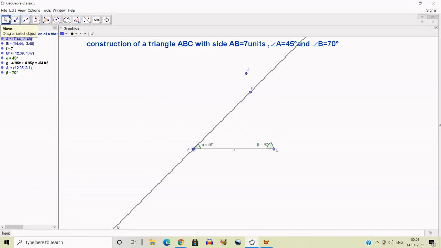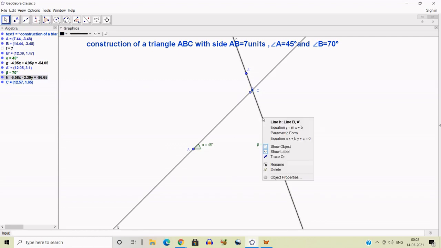Now we have got a point A dash. Now we will join this point B with this point A dash. We got the point of intersection of these two lines. This point of intersection is point C. So we get 3 points A, B and C. Now we will remove all these lines over here.